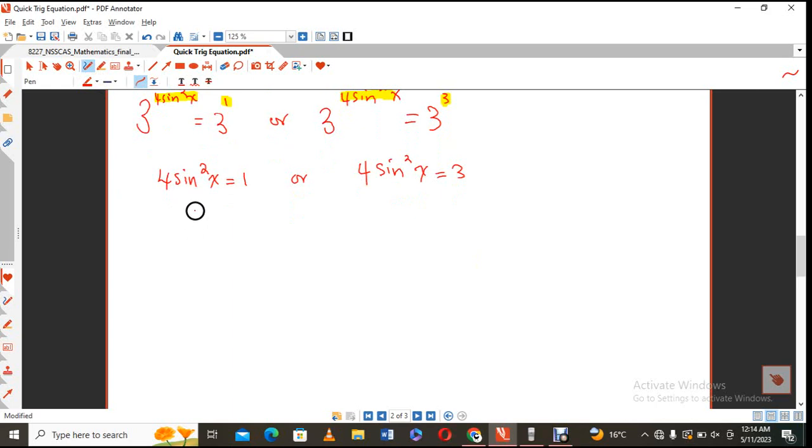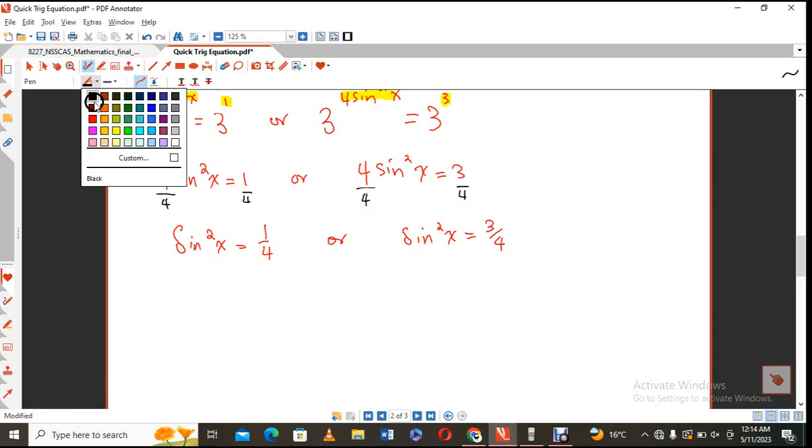So in any case, you're going to have here sine square x is equal to 1/4, dividing throughout by 4. So you're going to divide here by 4 and you're going to divide there by 4, and we're going to do the same on the other side. I'm going to have sine square x is going to be 3 over 4. Again, this is basic. We divide both sides of the equation by 4.